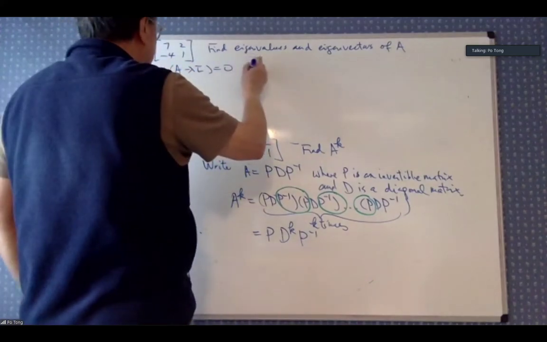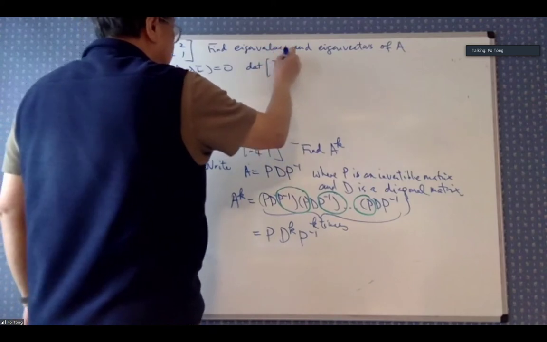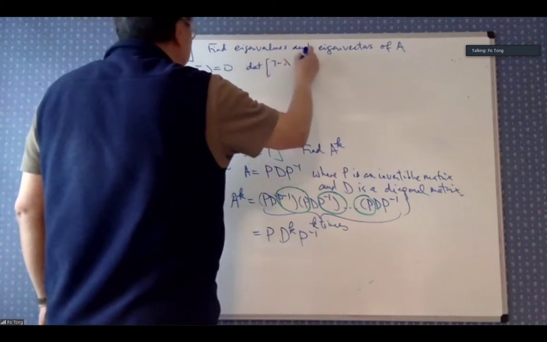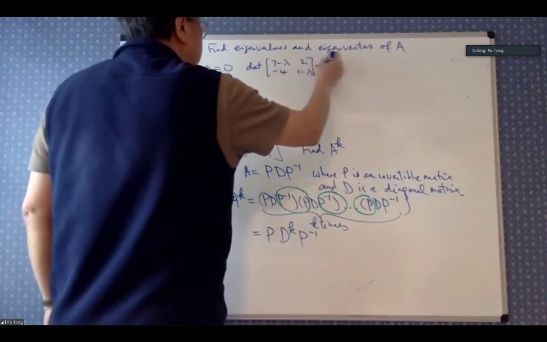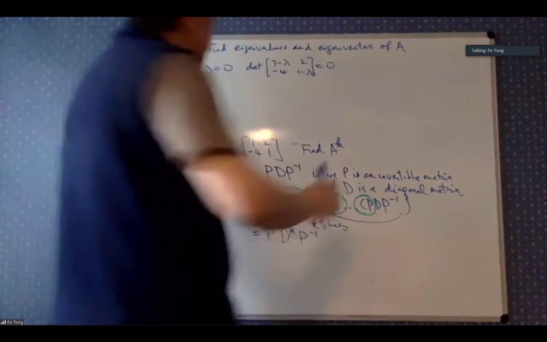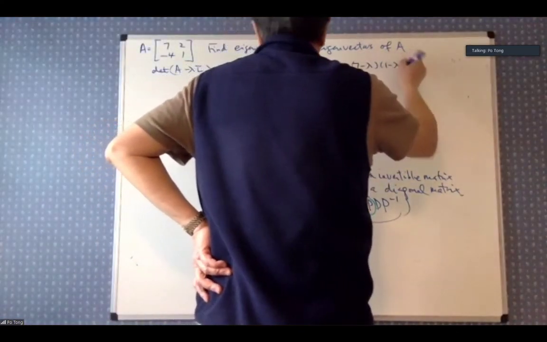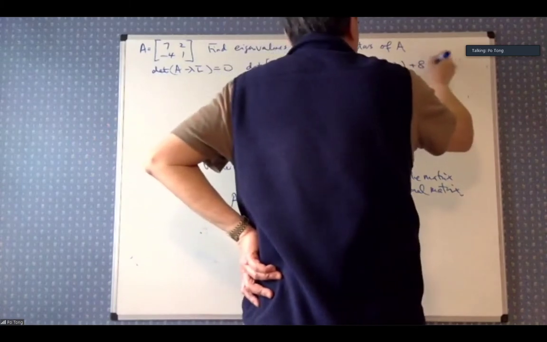So it will be the determinant of 7 minus lambda, 2, minus 4, 1 minus lambda, equal to 0. If I make a mistake, you need to let me know. 7 minus lambda times 1 minus lambda plus 8 is equal to 0.